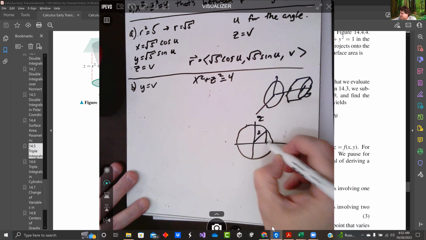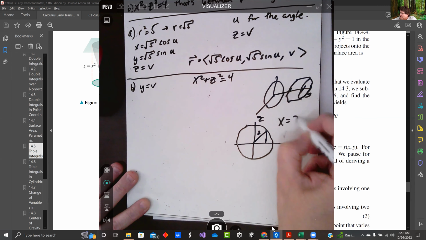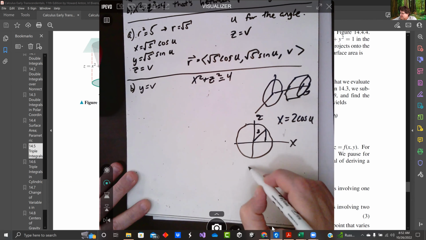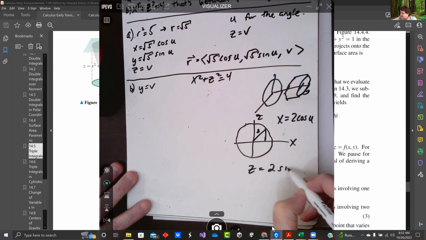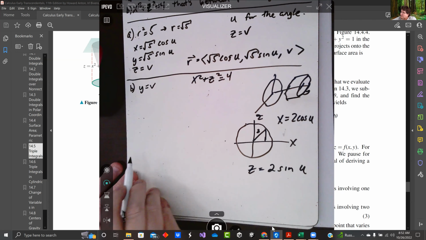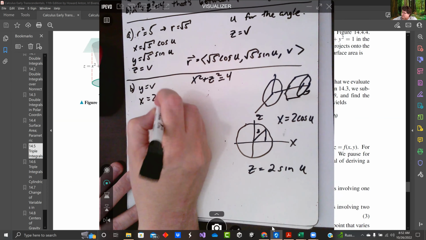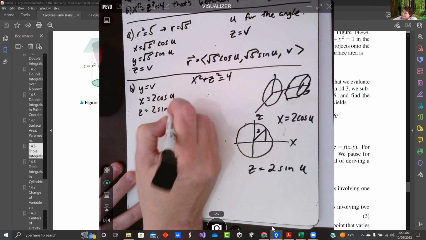So we could say for any given point, x is still R cosine theta, 2 cosine, let's go with U. And now z is like our y. So z will get the sine. So x is 2 cosine U. Z equals 2 sine U.